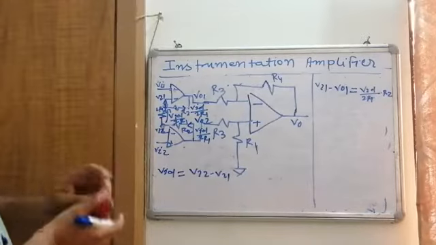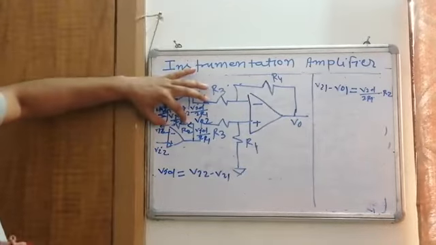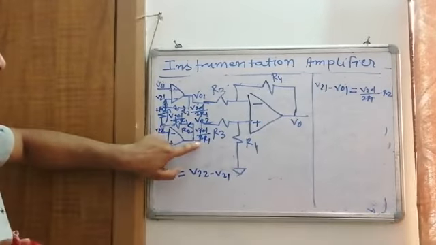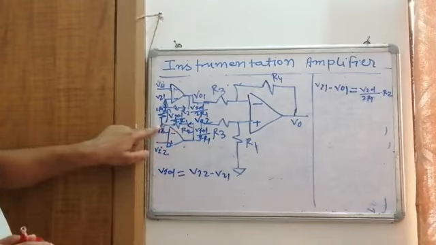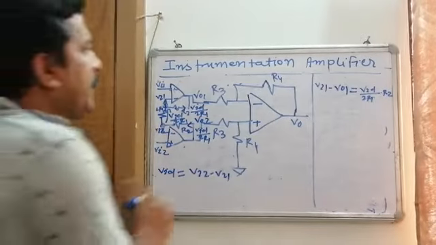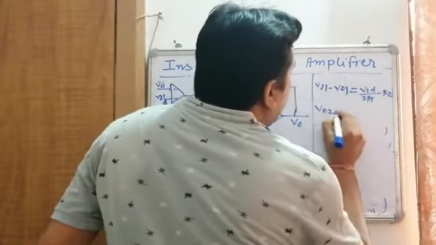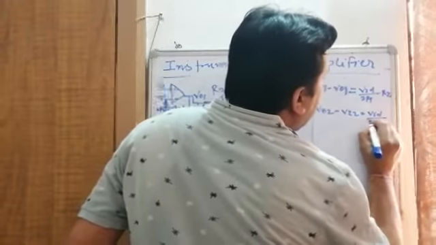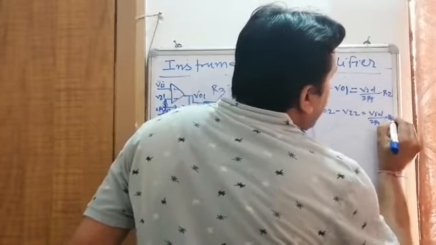What is the voltage drop across this resistor? The voltage at this point is V02 and the voltage at this point is VI2. So V02 minus VI2 is again equal to VID divided by 2R1 into R2.